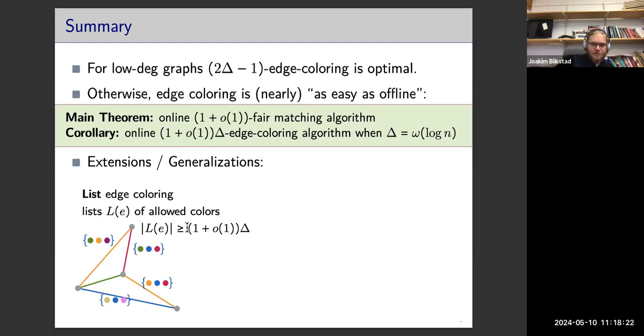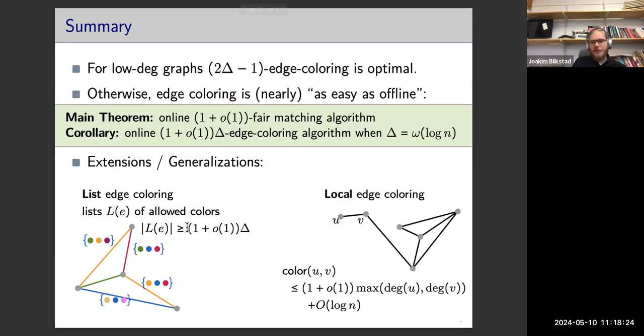There's also the notion of local edge coloring, which means that normally the number of colors you're allowed to use depends on the global maximum degree. Here, for an edge UV, you look at the local maximum degree, and the colors are from 1, 2, 3, 4, and so on.